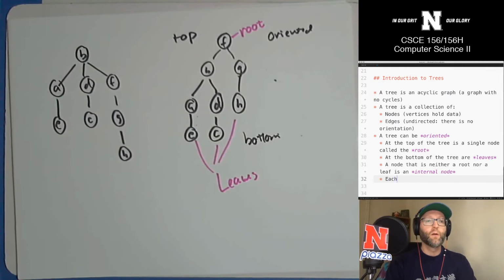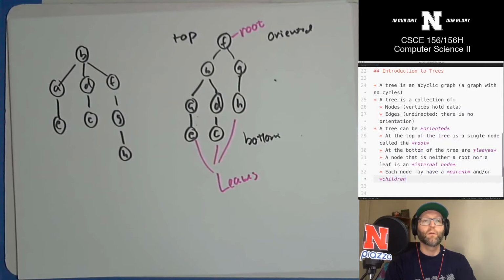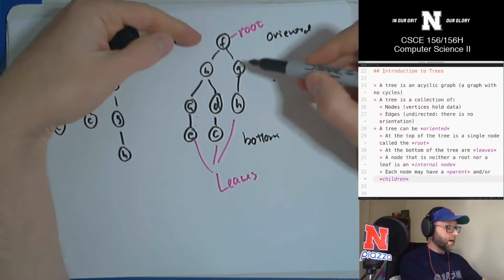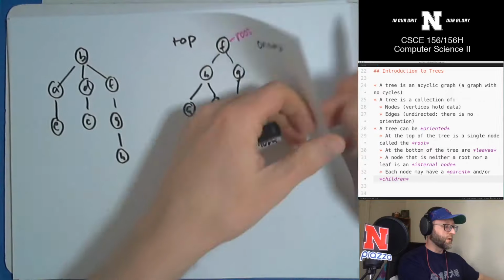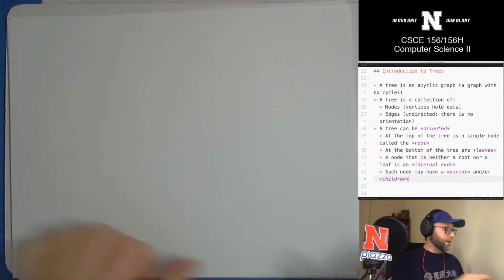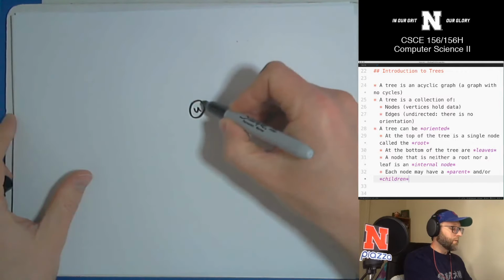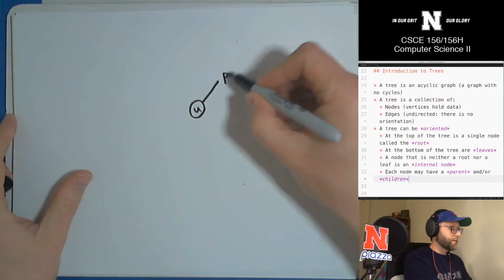Each node may have a parent and or children. Like I mentioned, we've got family trees growing downward, and we use the same naming conventions here. Let me do another diagram here in general. If I've got a node U, then we can look at its parent.